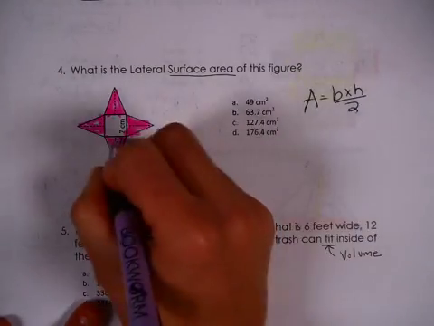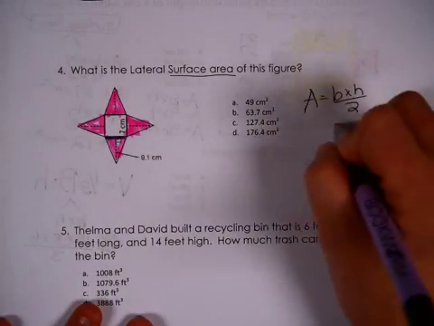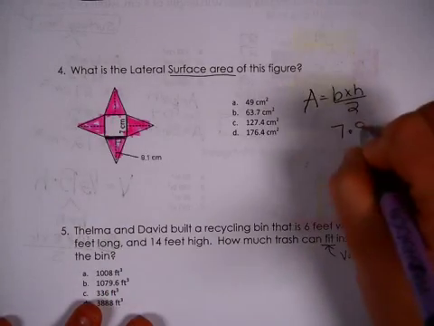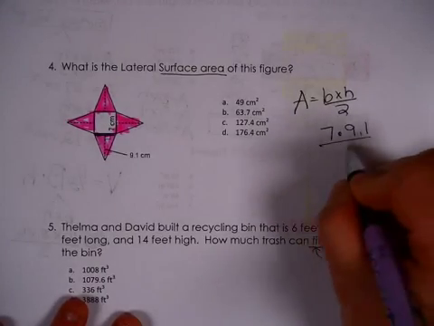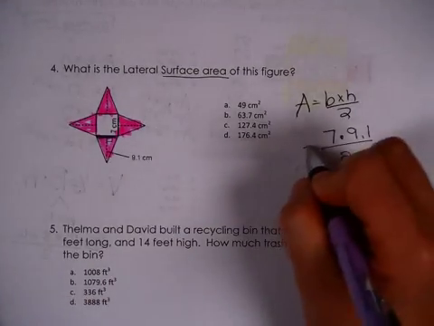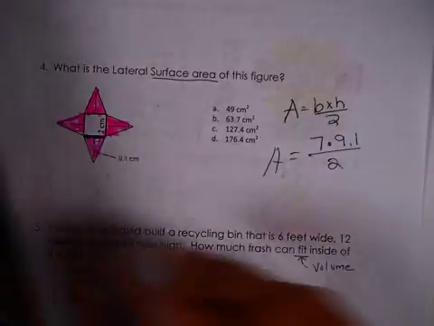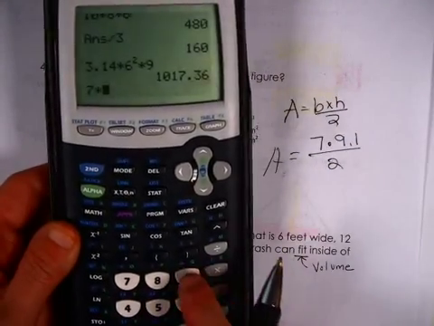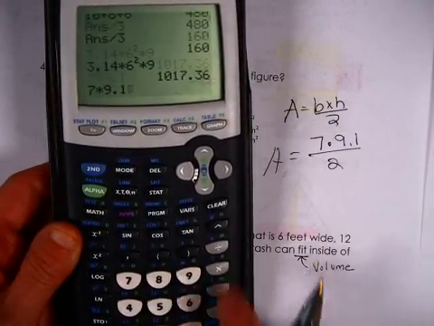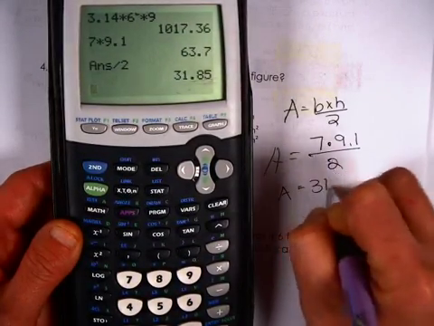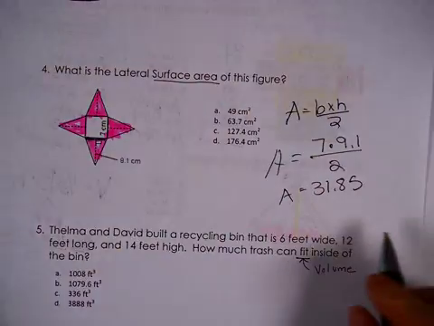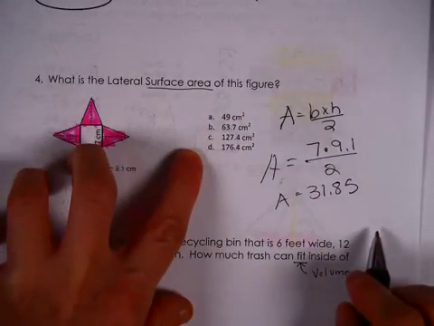So the base is 7 times 9.1 divided by 2. And you get, alright, area is 31.85. Notice that answer is not on here.